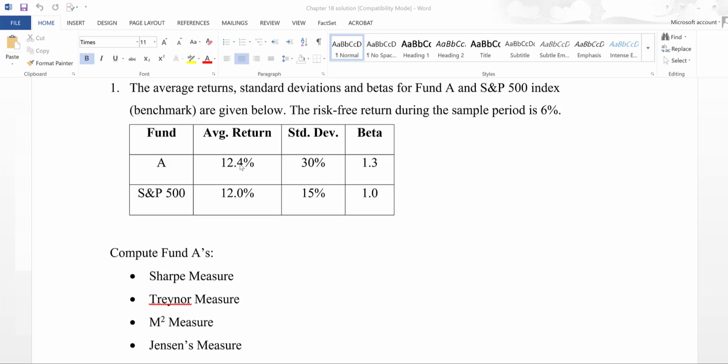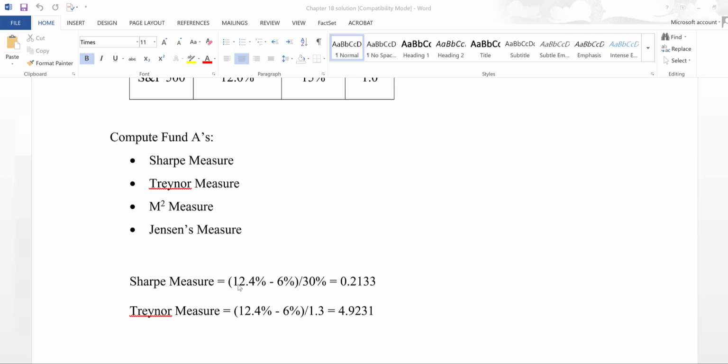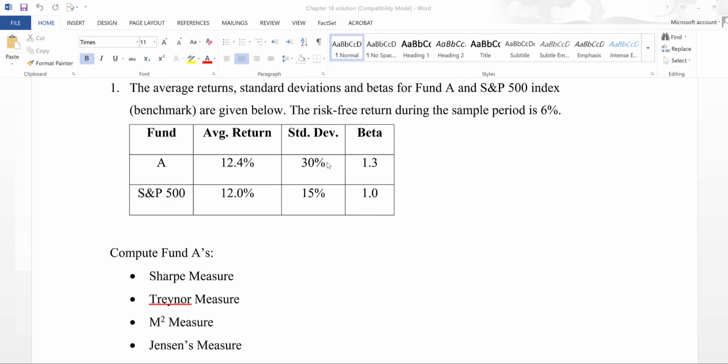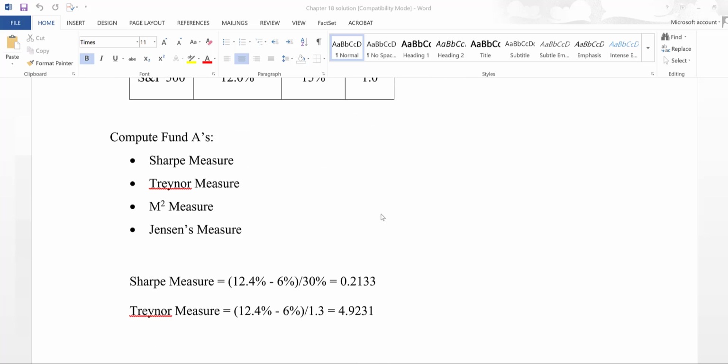The fund has an average return of 12.4%, 6% is the risk-free rate, so the difference would be in the numerator, 12.4 minus 6, and then the denominator would be sigma, so that's 30%. So 12.4 minus 6 divided by 30 gives you the Sharpe measure, 0.2133.